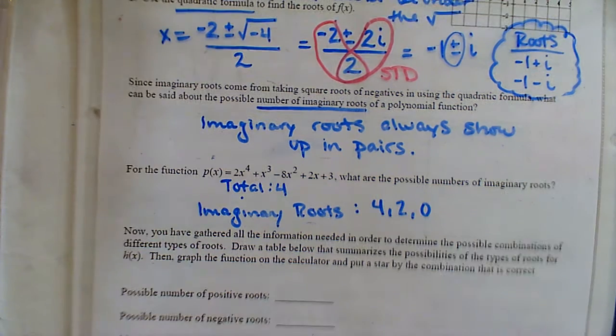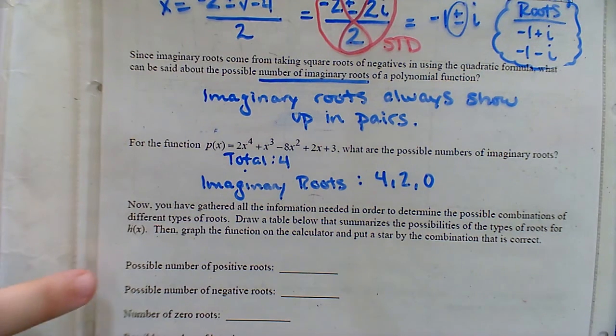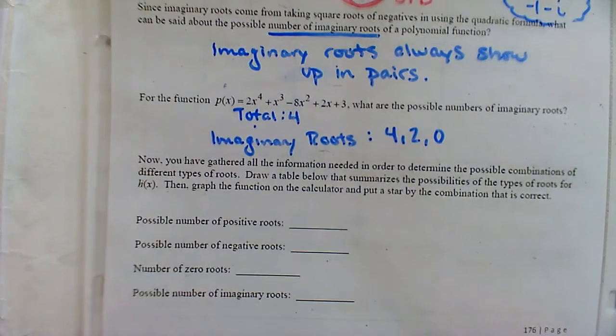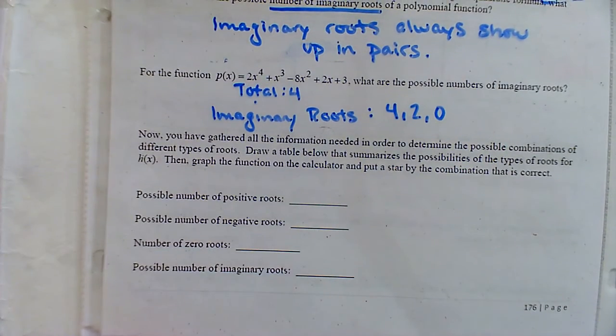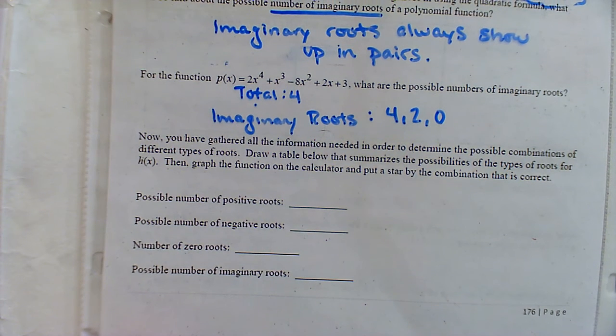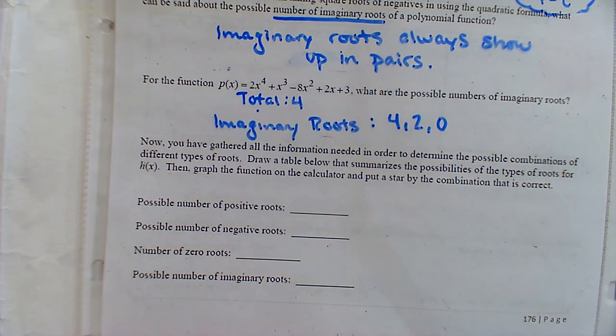All right, so now that we have discussed positive, negative, 0, and imaginary, we're going to try to use kind of an organized chart method to help us list all of the possible roots of an equation. And then we're going to go through the different combinations that could happen and try to determine which combination is the correct one.